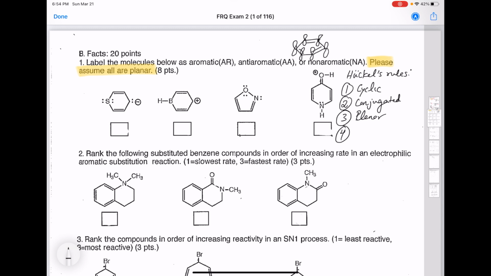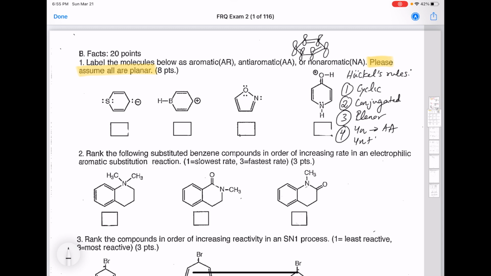Now the fourth one is that if properties 1 to 3 are all ticked off, then we can say that if there are 4n electrons, we have an anti-aromatic system.